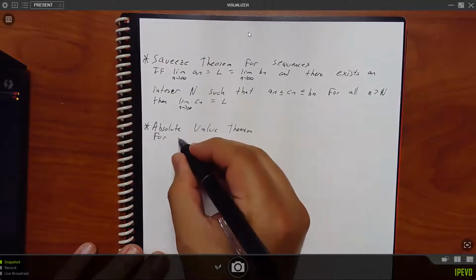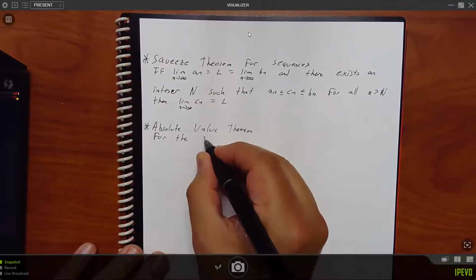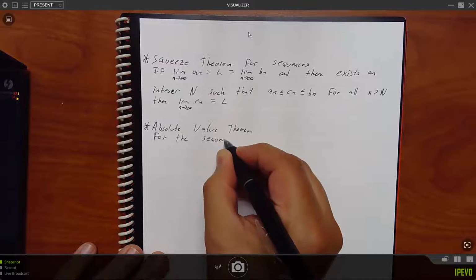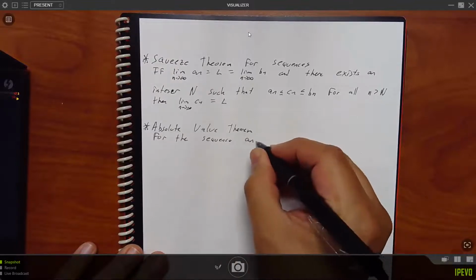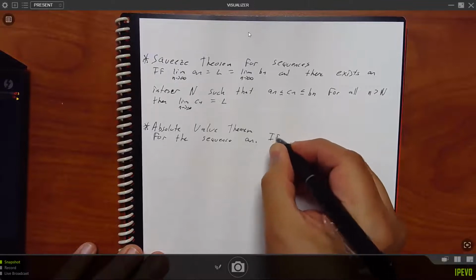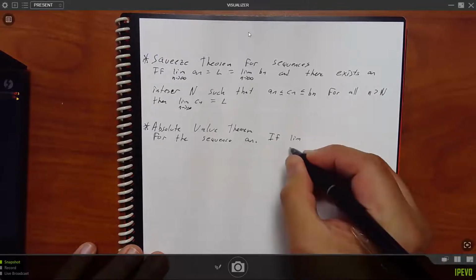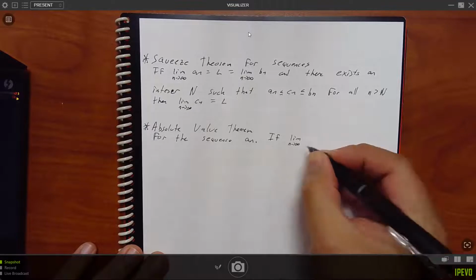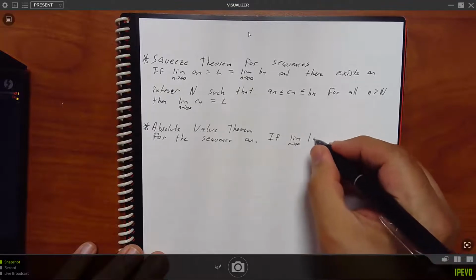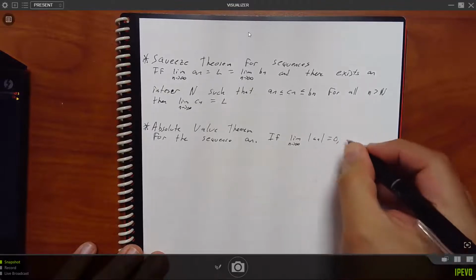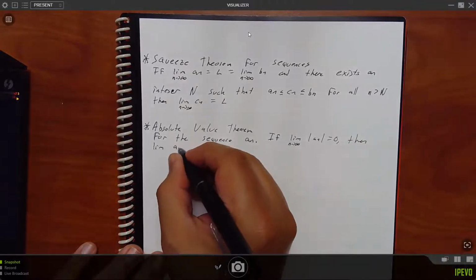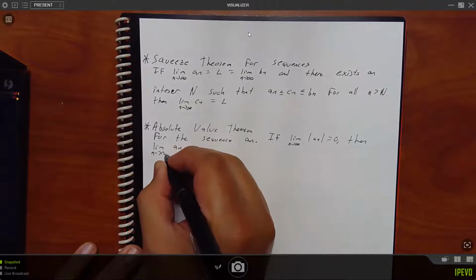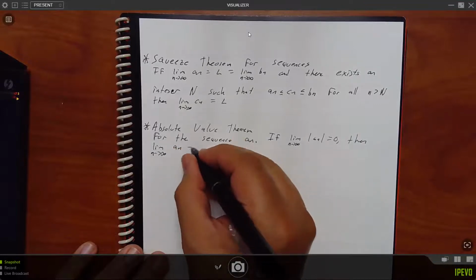For the sequence a sub n, if the limit as n approaches infinity of the absolute value of a sub n is equal to 0, then the limit of regular a sub n would be 0.